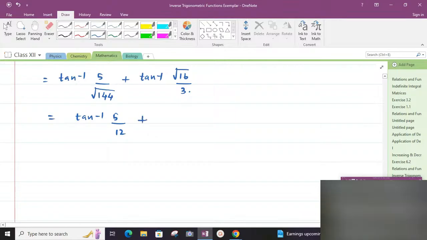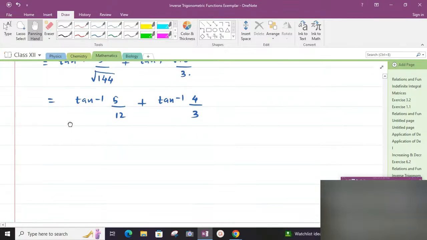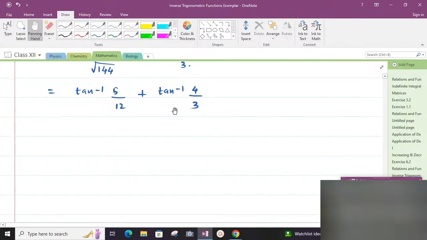After that we write down here plus tan inverse square root of 16, which will be 4 by 3. And we know that tan inverse x plus tan inverse y equals tan inverse of x plus y by 1 minus xy. So according to this, the next step will be tan inverse of x plus y.